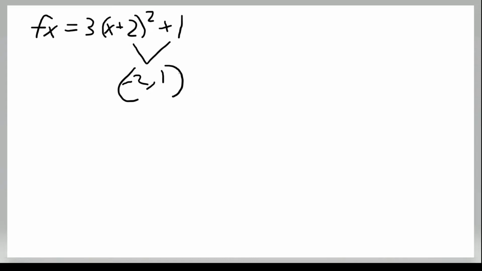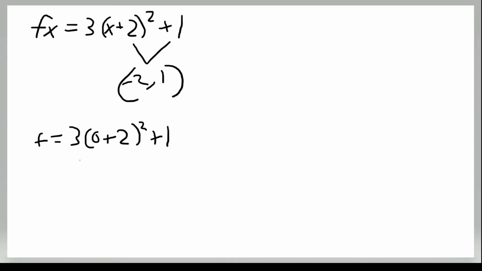You take this equation and just plug in a random number. In this case, I'm going to be using 0. So f equals 3 times (0 plus 2) squared plus 1. Now, 0 plus 2 is, of course, 2. Just square that.